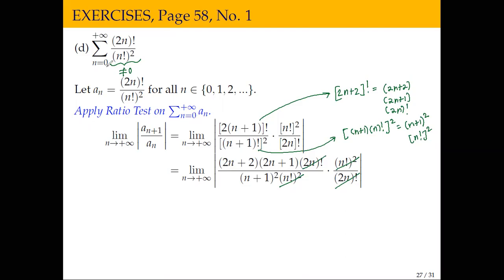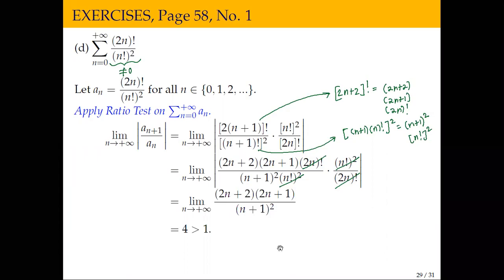Note that n ranges from 0 to positive infinity. So 2n plus 2 times 2n plus 1 over n plus 1 squared is positive. Therefore, its absolute value is itself. So this will just be equal to this limit. And as you evaluate the limit of this one, you'll get 4.